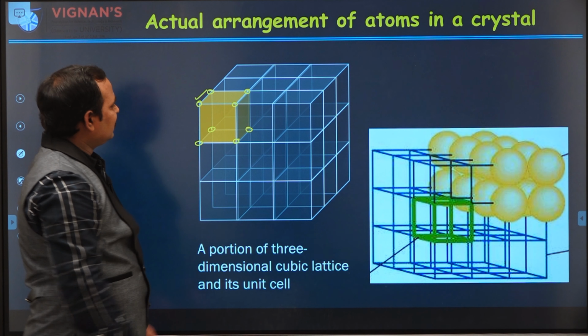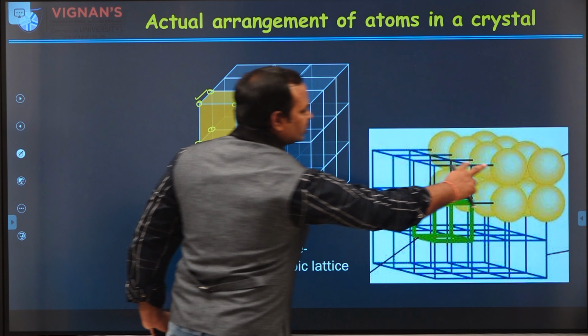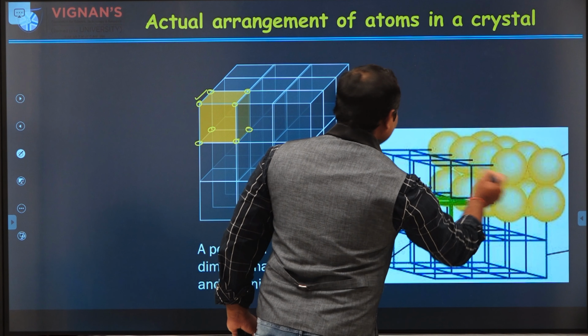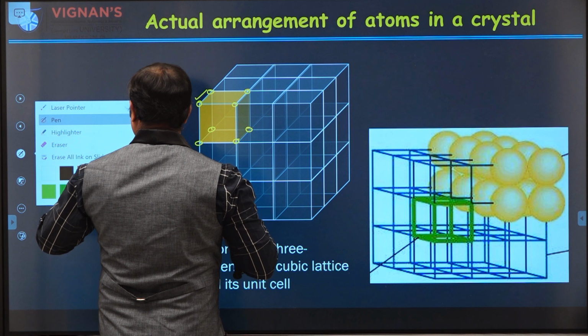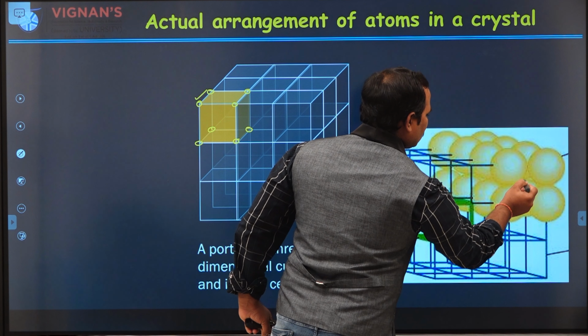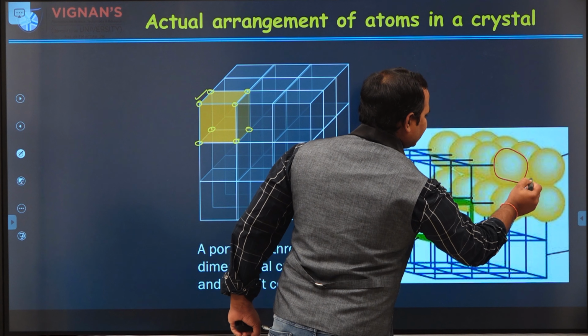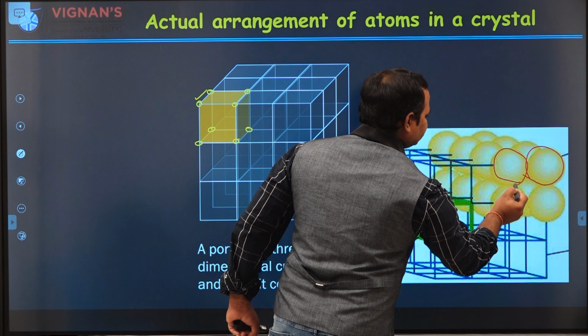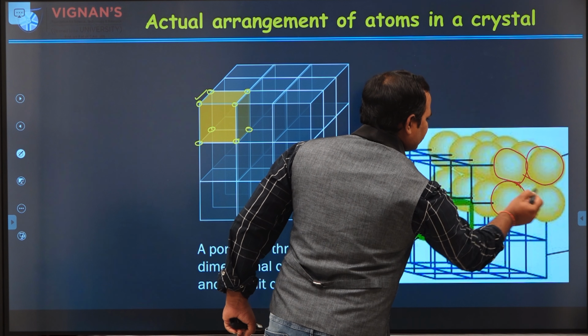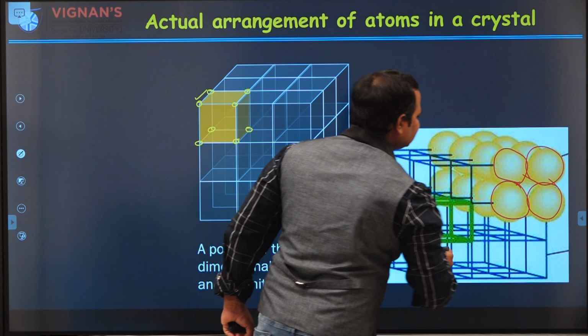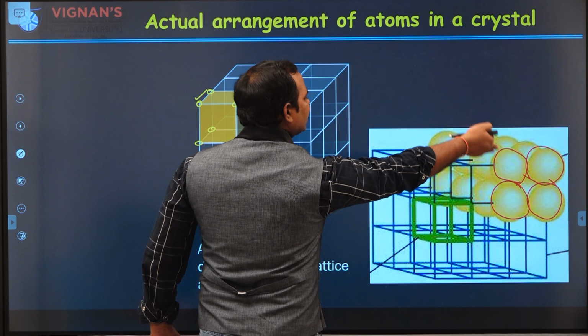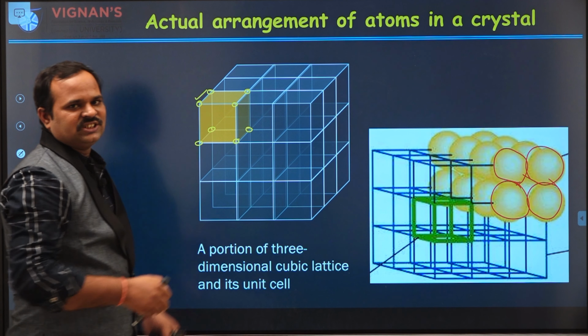But in general, the atoms look like this. Here you can see the atoms are almost touching each other. This is one atom, this is another atom, this is one more atom, and this is another atom. Similarly, all other atoms are also almost touching each other.